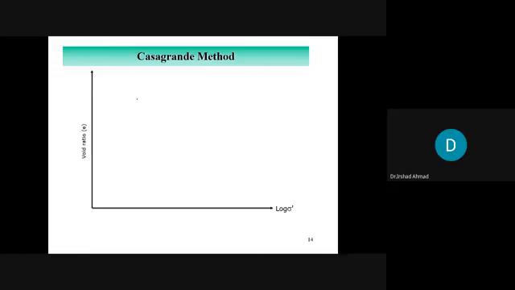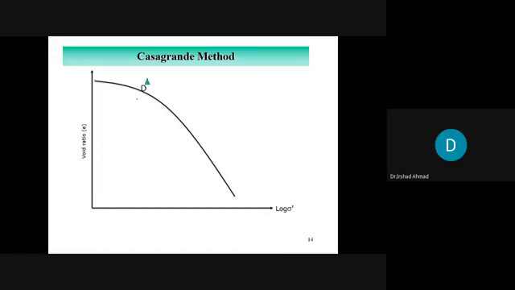What you do is obtain this curve. You obtain this curve from the laboratory, from the odometer test, right? From the consolidation test, which you will conduct in your laboratory, in the lab work. So you get this curve.